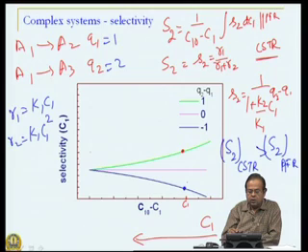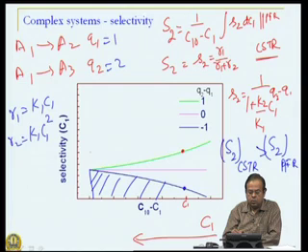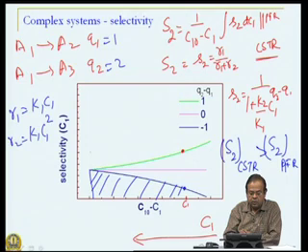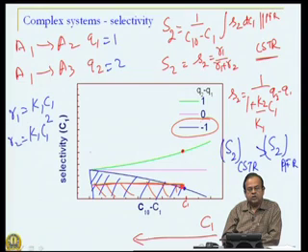Once again, for the same concentration, area under the curve now for a plug flow reactor is higher than the area of the rectangle somewhere over here, area of this rectangle which is for CSTR. That means, for this particular case CSTR selectivity is lower compared to plug flow selectivity.